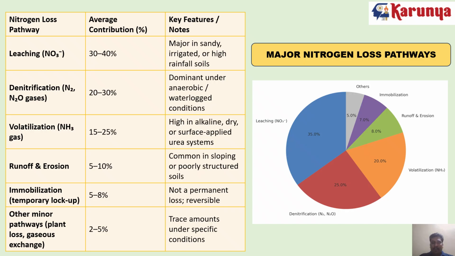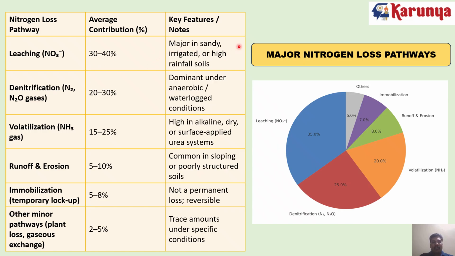We have seen the nitrogen loss pathways such as leaching and volatilization. Apart from that, some losses also occur through denitrification, runoff, erosion, immobilization, plant uptake, and gaseous exchange. Among all the types of losses, leaching is a very significant one, which accounts for 30 to 40% of nitrogen loss.